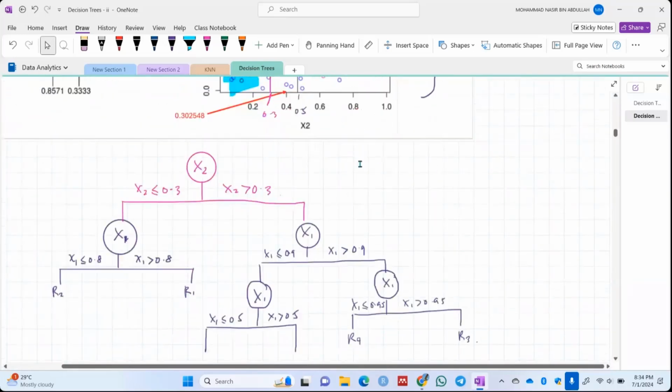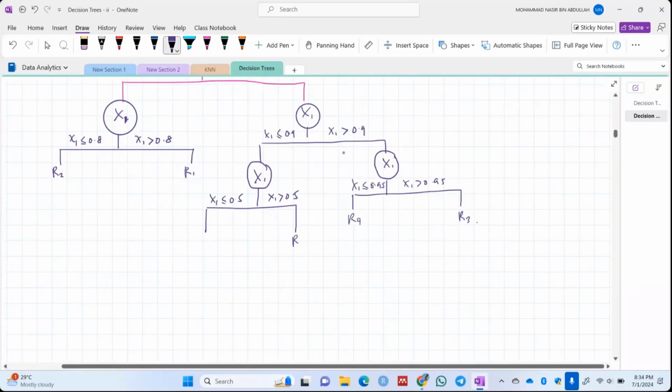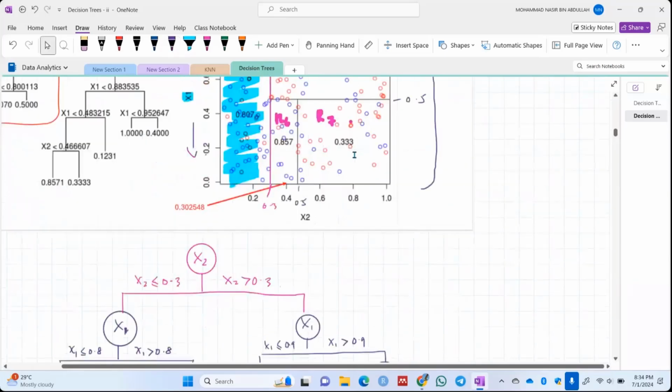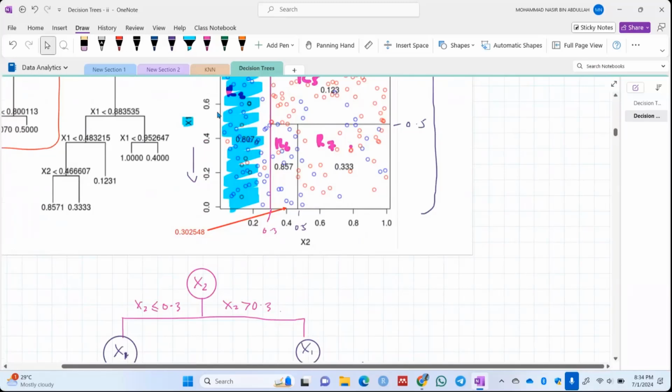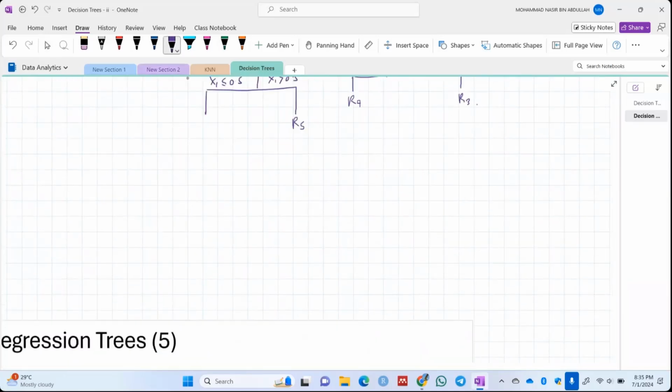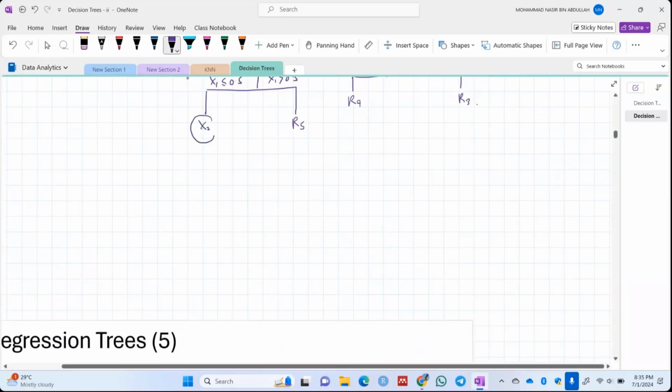If X1 is less than 0.5, you can separate into another two regions, where X2 is less than or equal to 0.5 and X2 is more than 0.5.